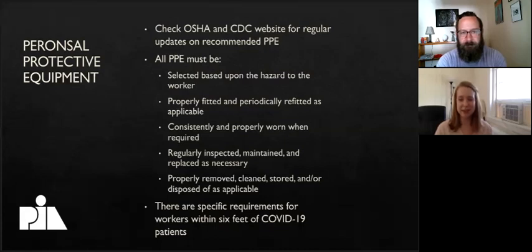So Connecticut has already made it clear that they're going to require face masks in common areas and when entering or leaving the workplace. It's likely that the other states will follow, and we'll get to that further in the presentation. But for the foreseeable future, customers must also wear face masks when entering a facility.